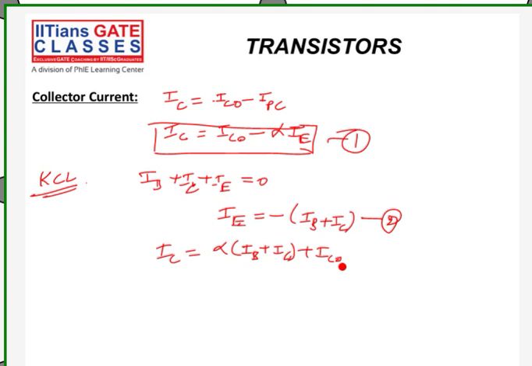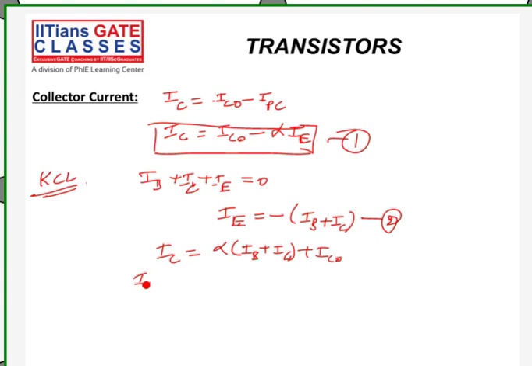IC is equal to alpha into IB plus IC plus ICO, because IE is equal to minus of IB plus IC. So I just replaced this IE value in the first expression. So I got alpha IB plus IC plus ICO. That is all.